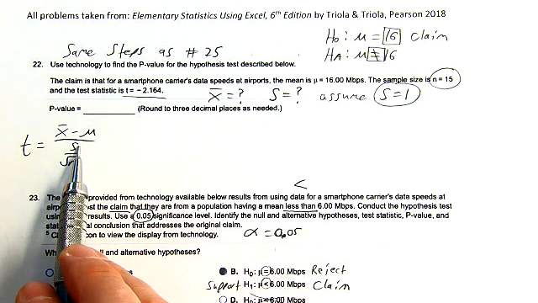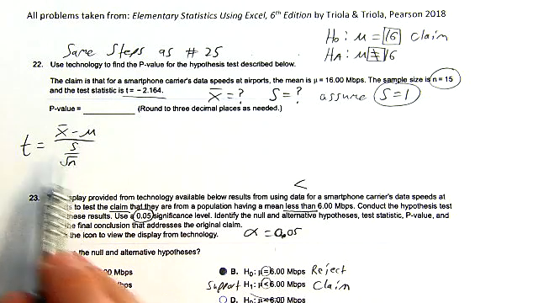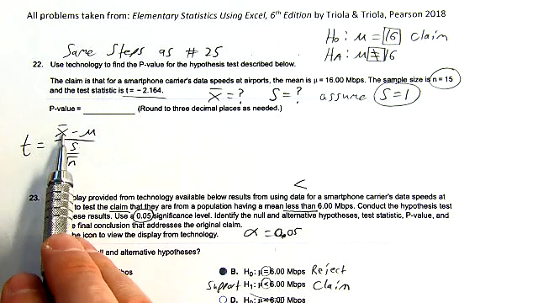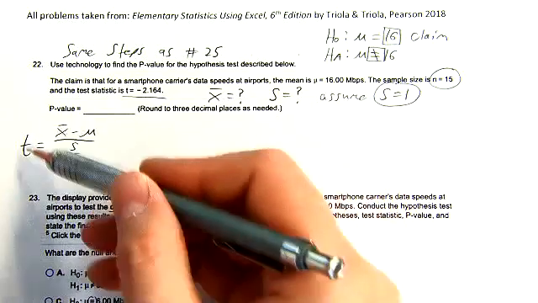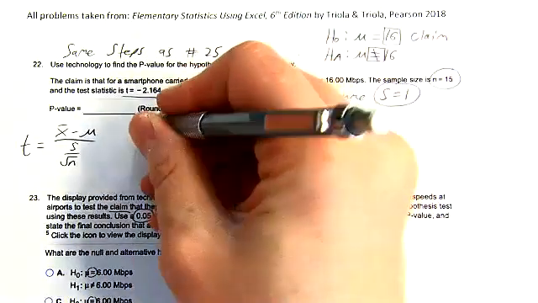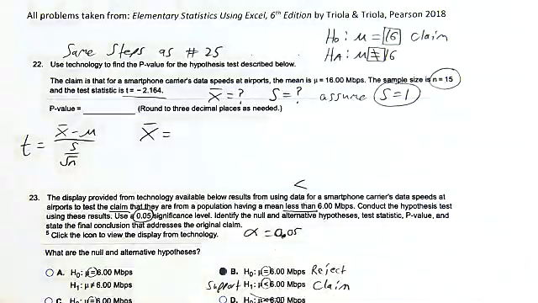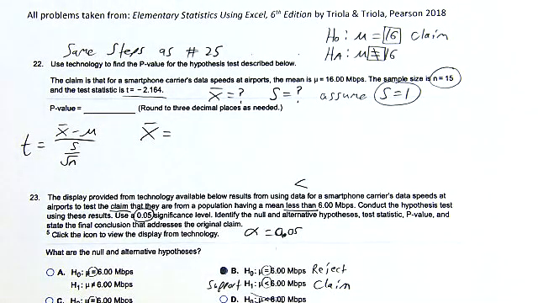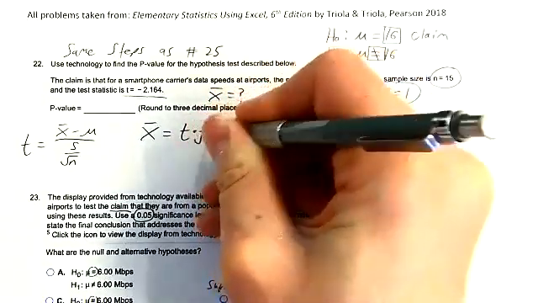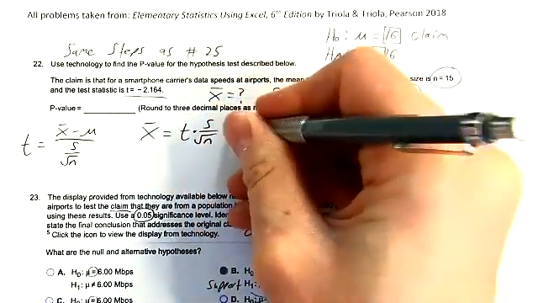We know S, we're assuming it's 1. We know N, it's 15. We know T, it's negative 2.164. So the only unknown here is X bar. So using algebra, we can solve this equation for X bar, and I'm just going to give it to you so we don't have to paint our way through algebra. X bar is equal to the T value they gave you times S over the square root of N plus mu.